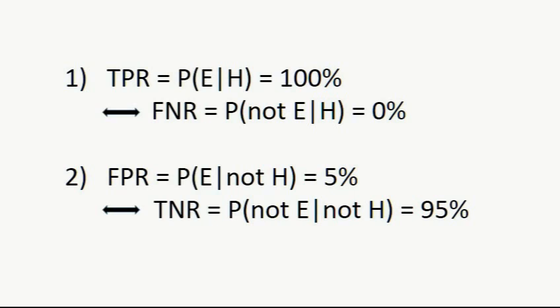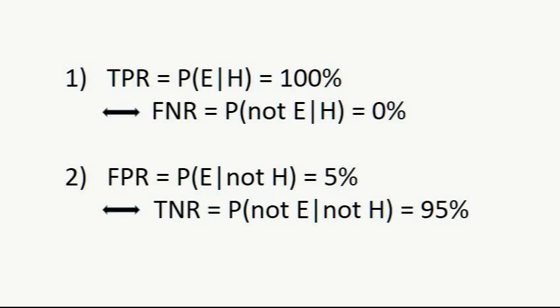What we know is the true positive rate, the probability that the coach says the child is a champion, given that he is. That is 100%, which is the same as saying that the false negative rate, the probability that the coach says the child is not a champion, given that he is, is 0%. Remember, the coach is infallible at spotting champions.